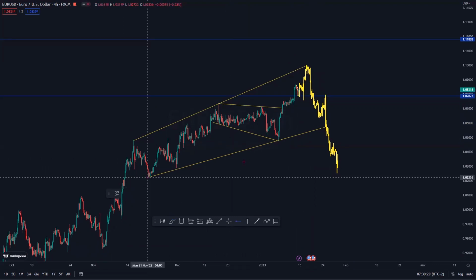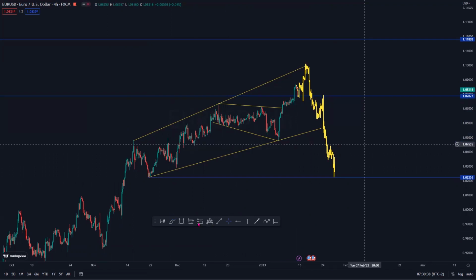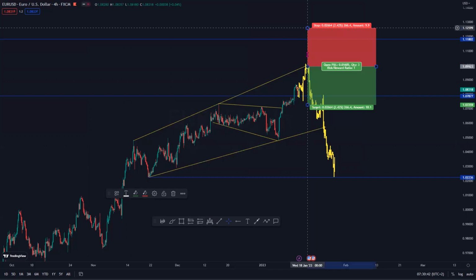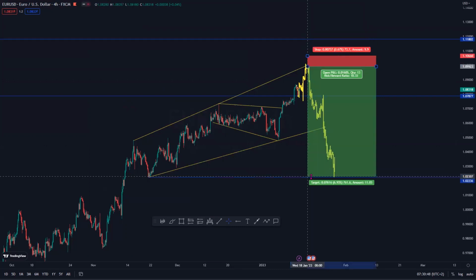And looking at the structure, it's similar to the one that we saw on DXY, if you still remember. So we're looking for sell opportunities when the market gives us the third touch, then boom, we are gone.